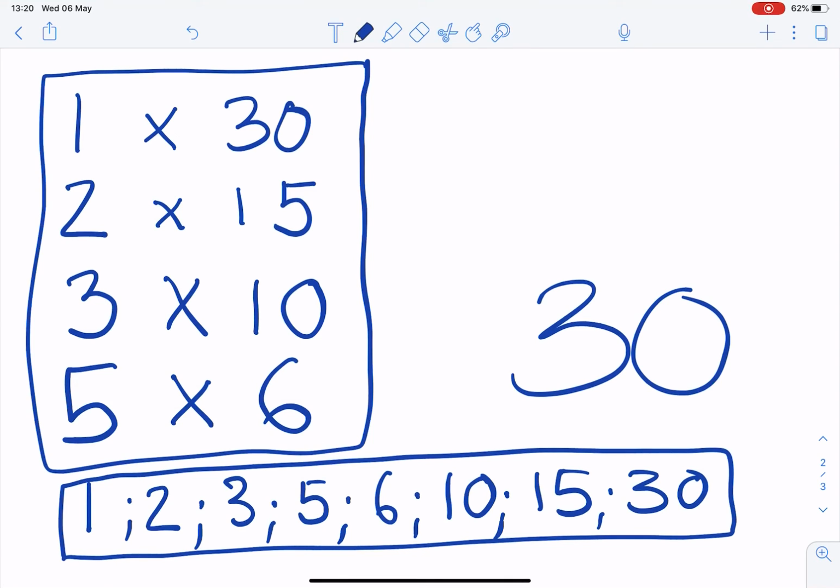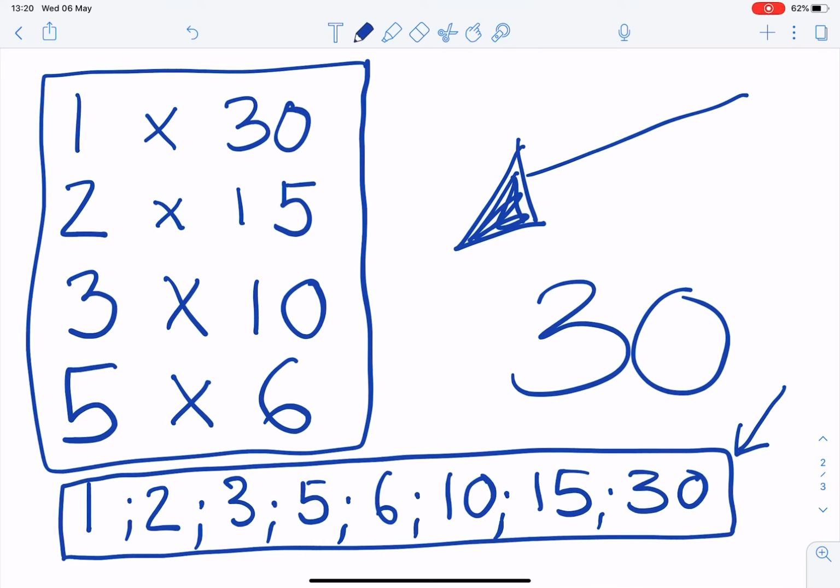So now when you begin exercise 74, I want you to work out exactly the way I've done over here. I want you to work out the factor pairs, and then I want you to write out a list of the factors.